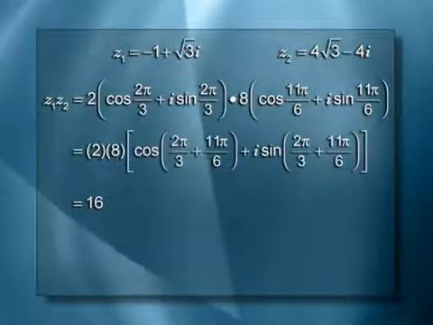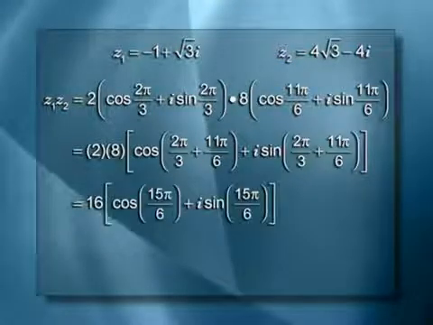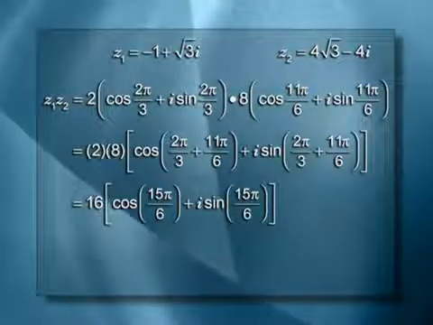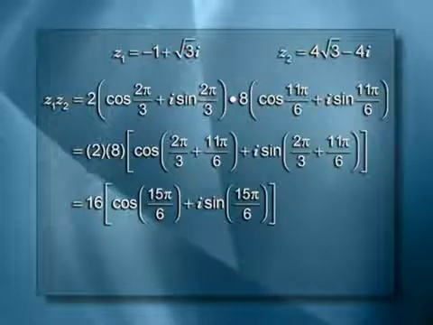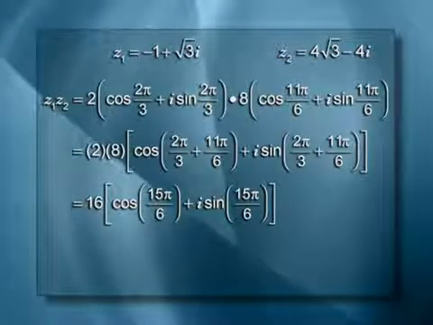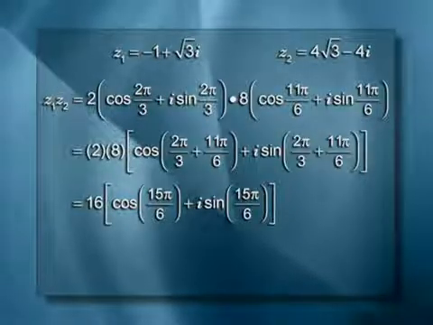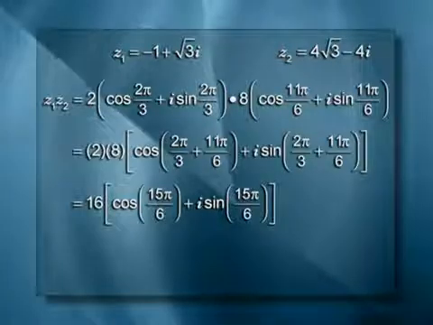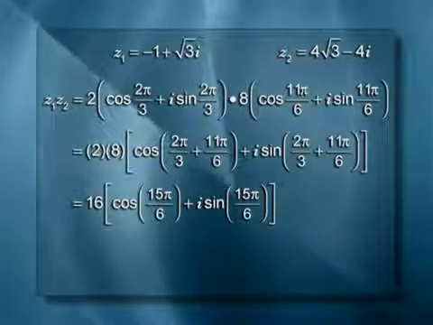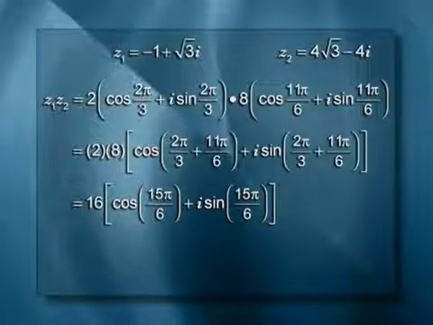And the sum of 2 pi over 3 plus 11 pi over 6 is 15 pi over 6, if you get a common denominator there. So it comes out to be 16 times the quantity cosine 15 pi over 6 plus i sine 15 pi over 6. But now wait, 15 pi over 6, that's coterminal with pi over 2.